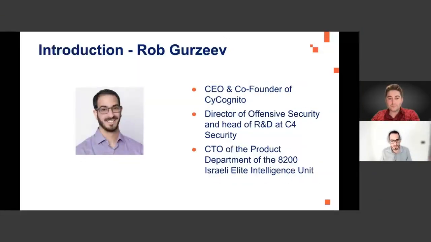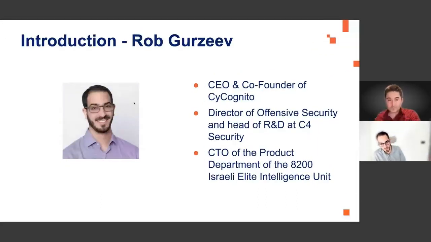Very quickly about myself. I'm CEO and co-founder of CyCognito today, and spent the last 15 years or so in offensive cybersecurity and reconnaissance. Amongst other things, I had the privilege to lead the reconnaissance department of one of the top intelligence agencies.